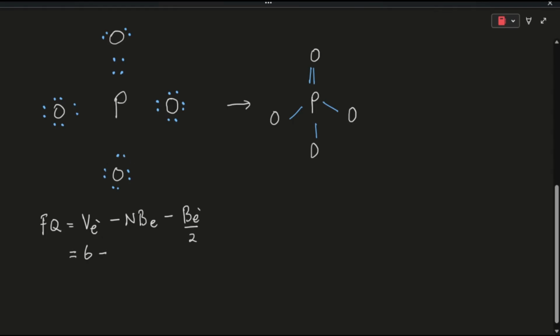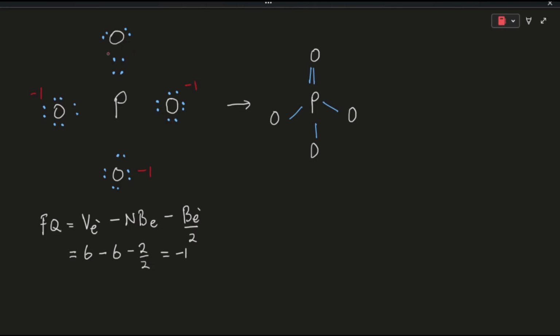The non-bonding electrons are 6, this and this. Then the bonding electrons are these 2. And so we have 2 over 2. And so the formal charge on this oxygen atom is -1. We have the same electron arrangement on this oxygen atom too, so we have -1. It's the same arrangement of electrons over here. It also has a formal charge of -1.